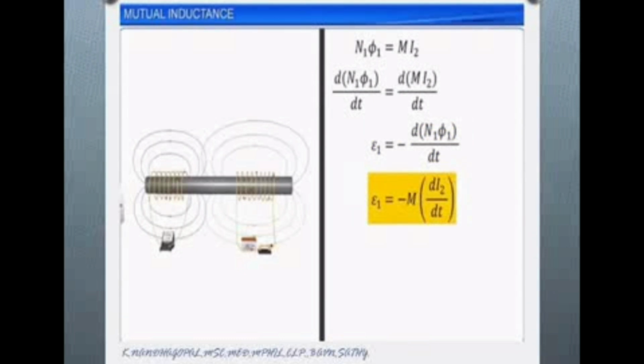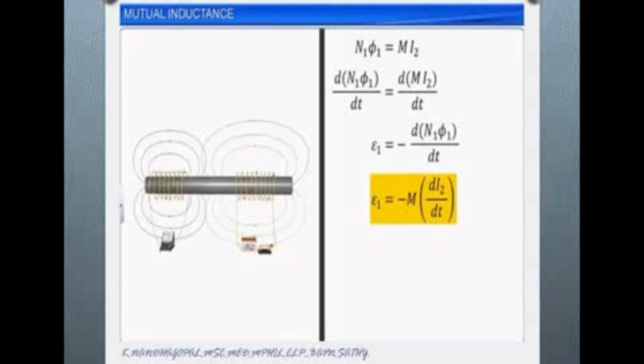So you can write mutual inductance M into dI2 by dt. So here M is the mutual inductance. This is for deriving the unit, Henry. So you can write M is equal to minus E1 by dI2 by dt. So the unit of mutual inductance is Henry.